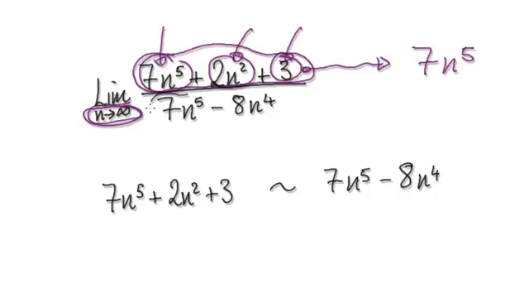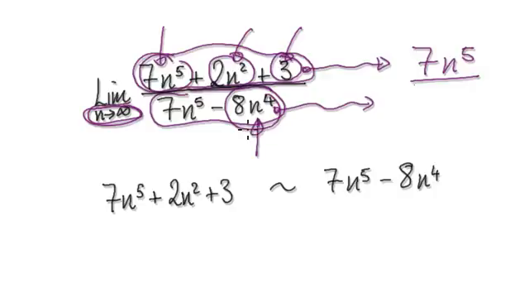So as n gets bigger and bigger, let's just look at this. We can consider this thing as well. As n gets bigger and bigger, this will be irrelevant in comparison to this. So as n gets very, very big, let's say 10 to the power of 4, it's going to be irrelevant in comparison to this.